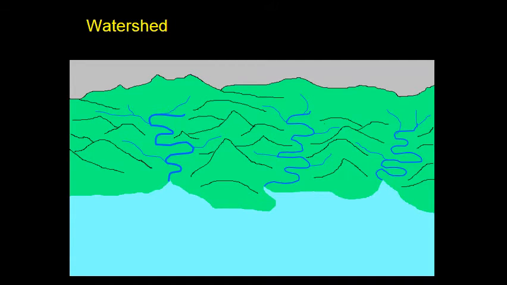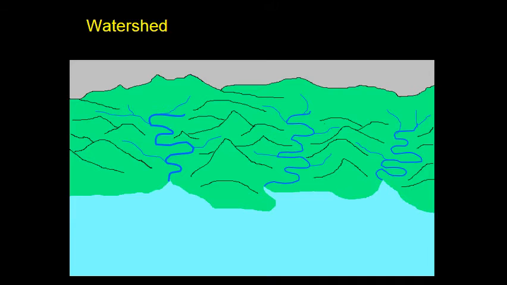So here's another way that you could look at this. Here we have basically 3 watershed areas. And remember, water flows downhill, and you're going to get your river systems towards the bottom of these mountain areas, in these valleys, because the water is all going to drain and collect in those areas.